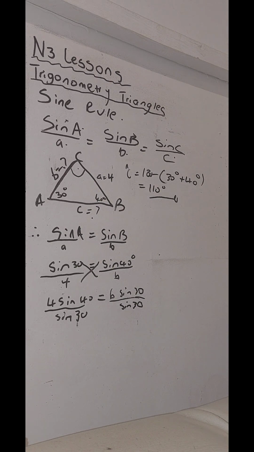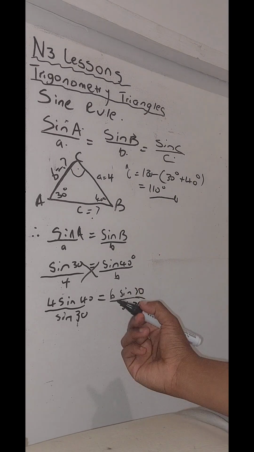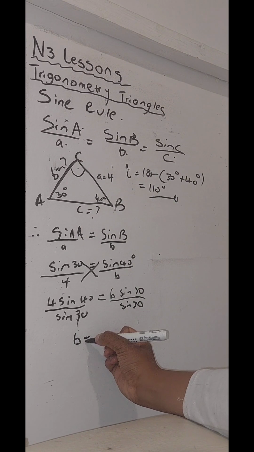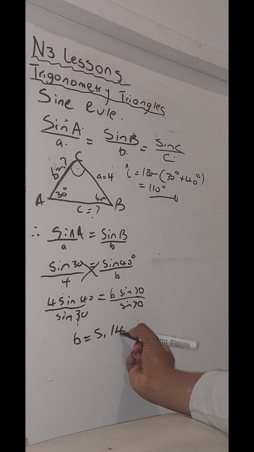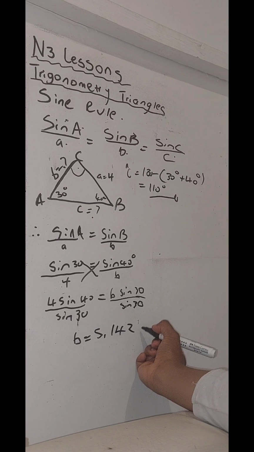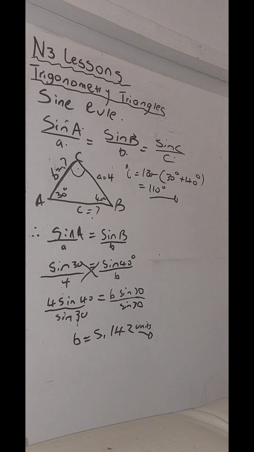Solve it. 4 sine 40 divided by sine 30. Find B to be 5.142 units. B is 5.142 units. And now we are done with B.